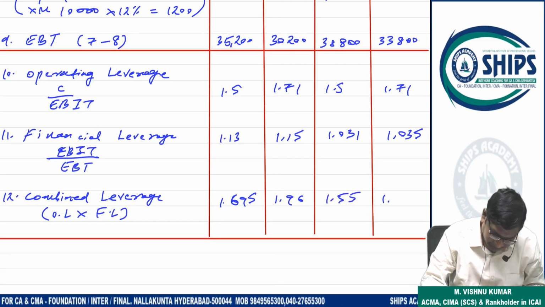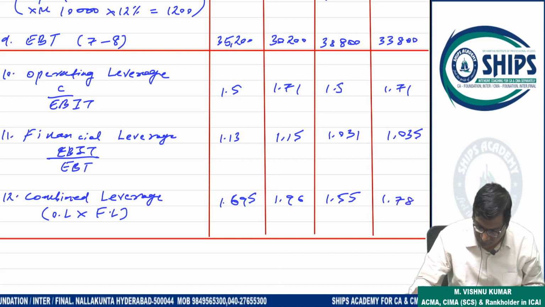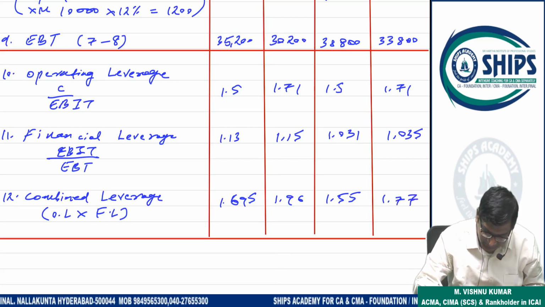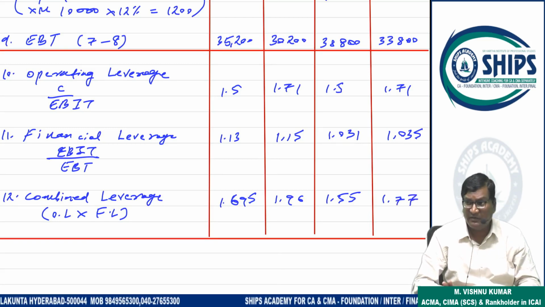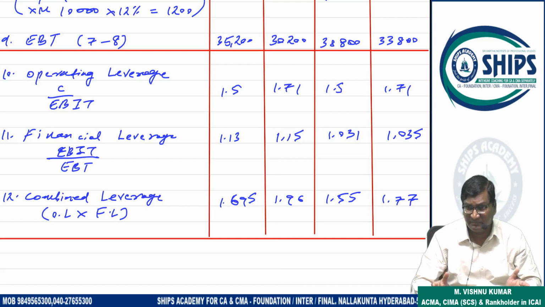Next. 77 समझिए. Okay, clear now? So very simple question. Only 4 calculations are there in this, right?